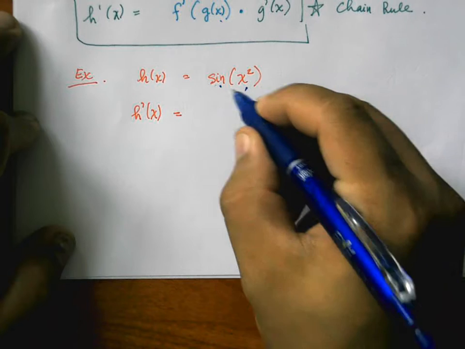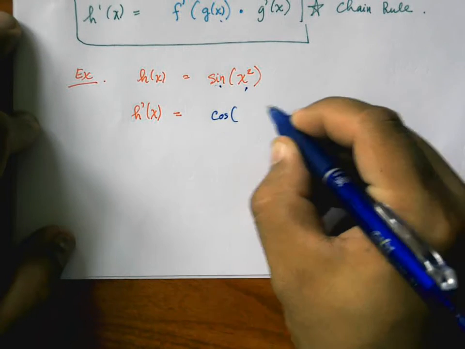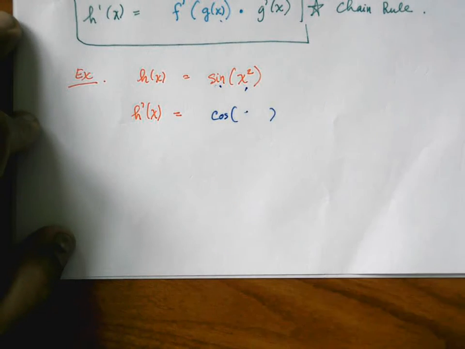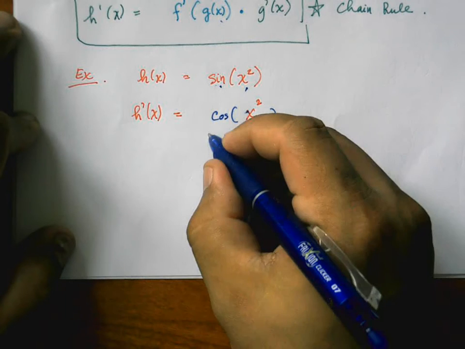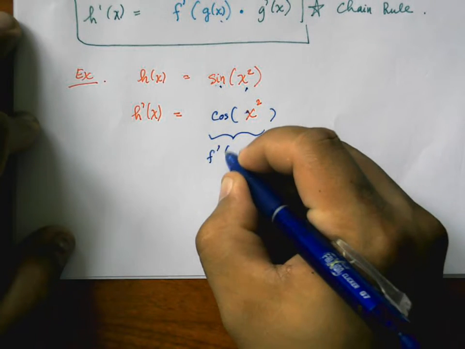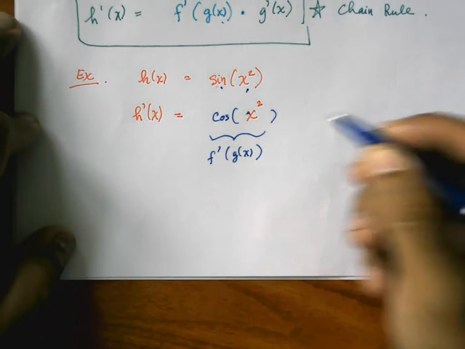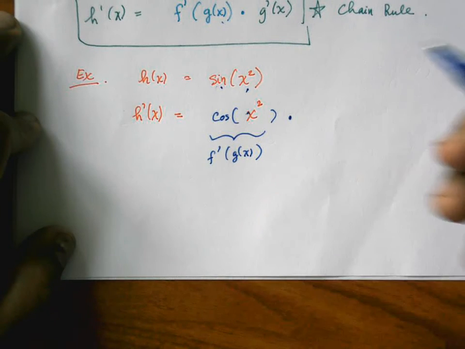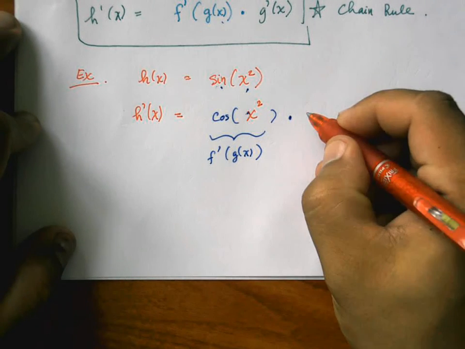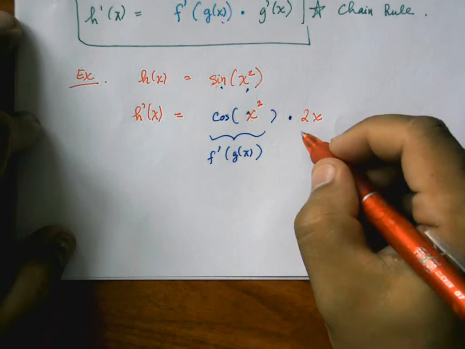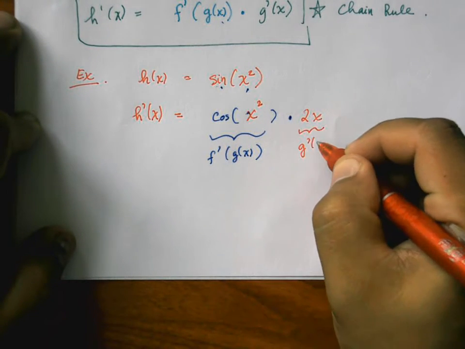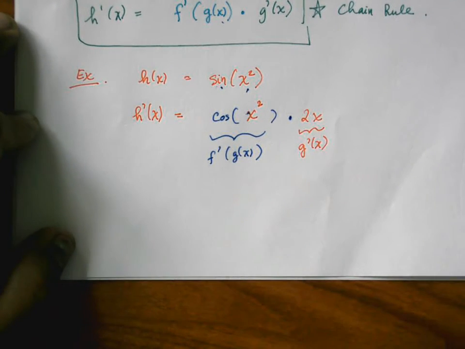So first we take the derivative of the outside function, which is cosine, leaving the inside function alone. So this part right here is f prime of g of x, times the derivative of the inside function, which is 2x. So this part right here is g prime of x.